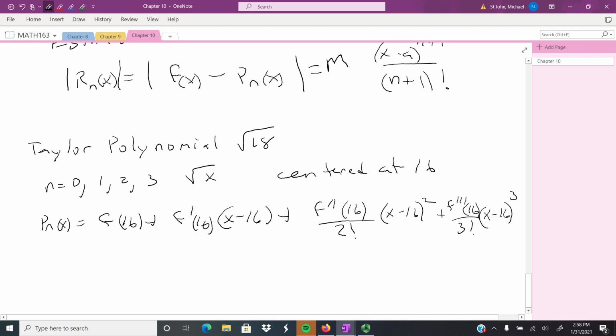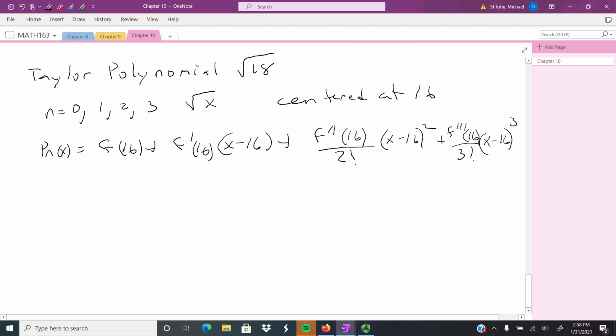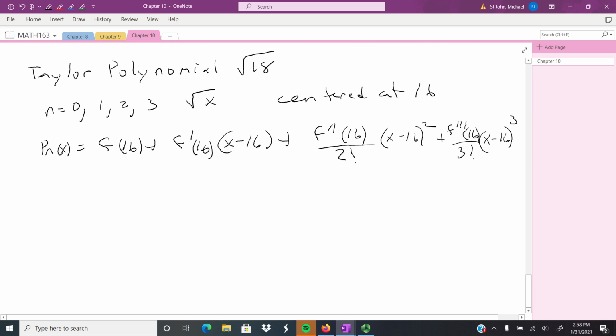All right. And by the way, the reason we picked 16 is because 16 is the number closest to 18 that does have a nice whole number square root. So first off, f of 16 is the square root of 16, which will be 4. f prime would be 1/2 x to the minus 1/2.